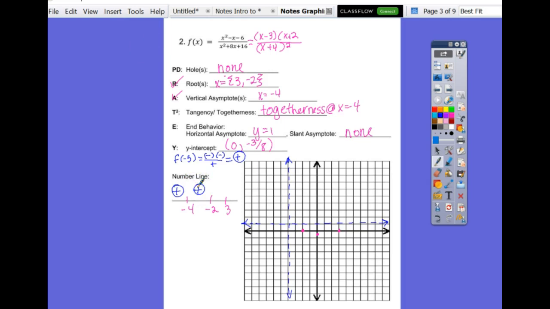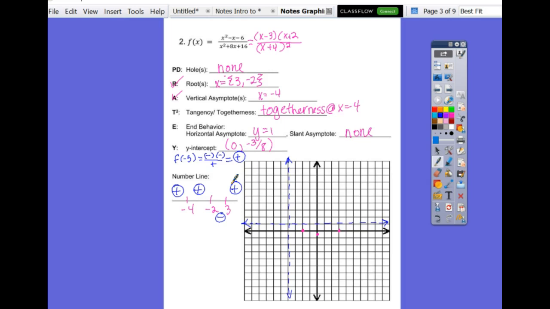Now once you're past the togetherness, they alternate again. So if this is positive, this one becomes negative, and this is positive. So here at the -4, I know it's positive. It's over here, correct? But I don't have any points.